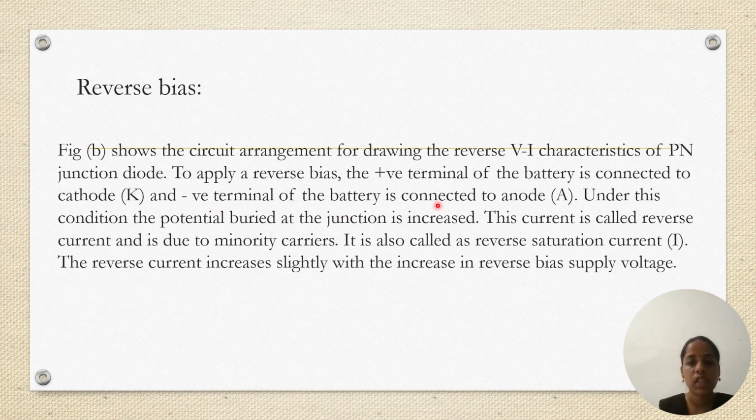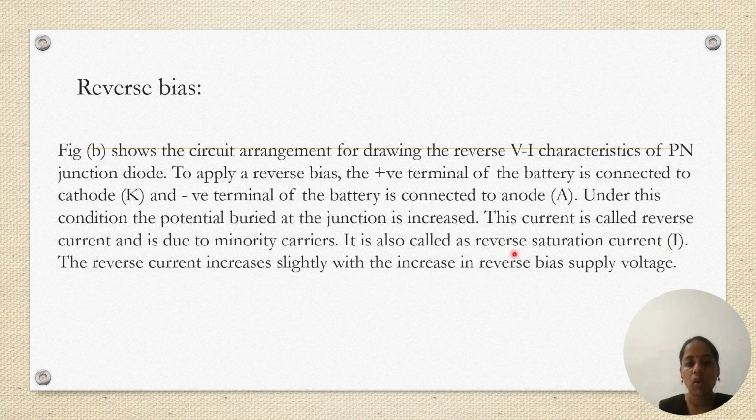Means positive is connected to negative and negative is connected to positive. This can be referred to as reverse bias. Under this condition, potential barrier at the junction is increased. In previous forward bias, potential barrier is decreased.